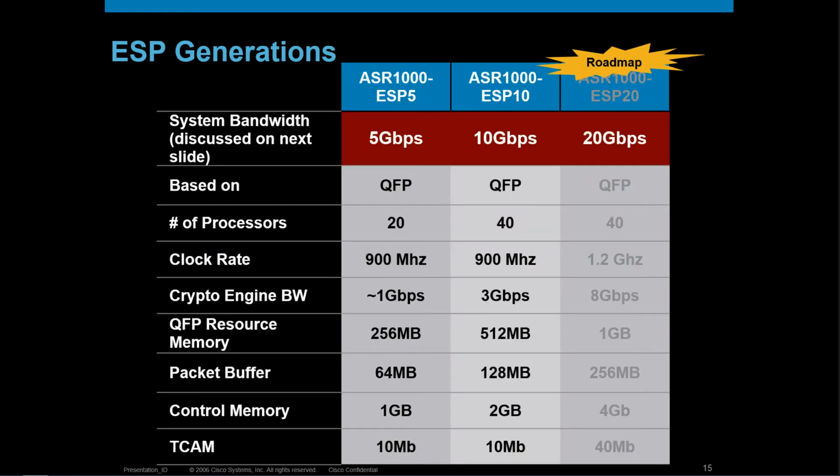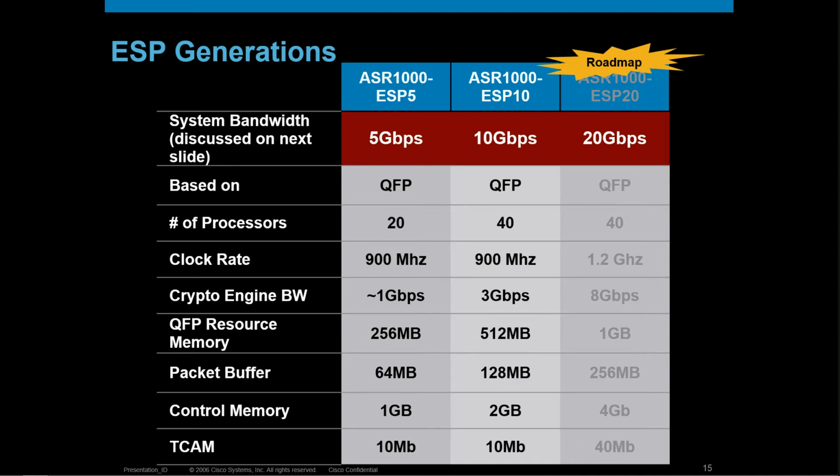You do need to know the number of processors, their speed, its throughput, its buffer, its CAM size. You also need to think about is it going to be able to meet your need. For example, the big thing here between our 5 gigabit and 10 gigabit per second is our crypto bandwidth.